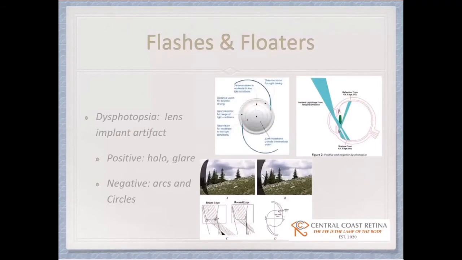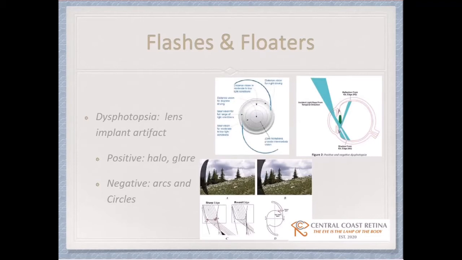These photopsias are actually artificial flashes, and they usually have to do with an artifact-like effect from the lens implant. Patients who had cataract surgery get a lens implanted into their eye, and the newer premium lenses are a little bit more fancy and sophisticated.